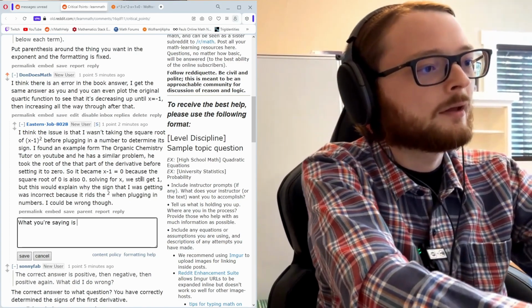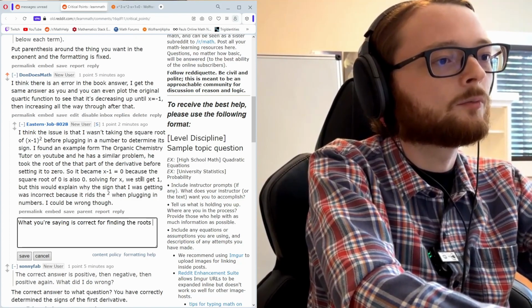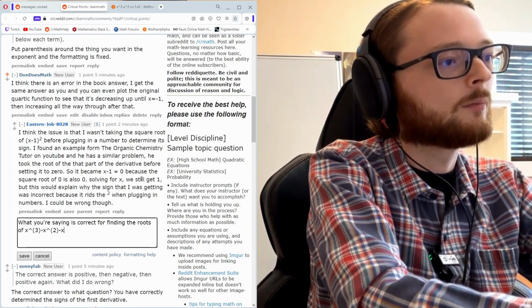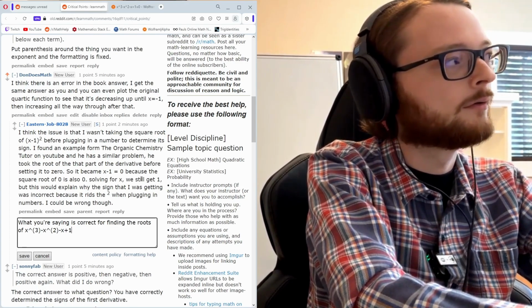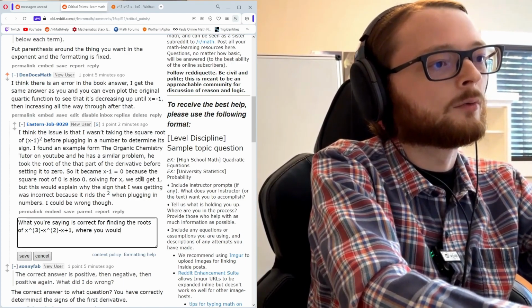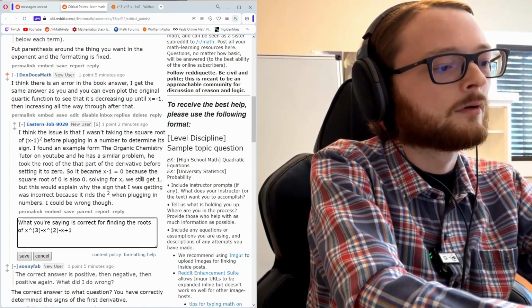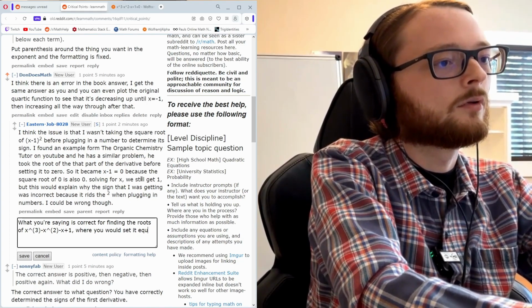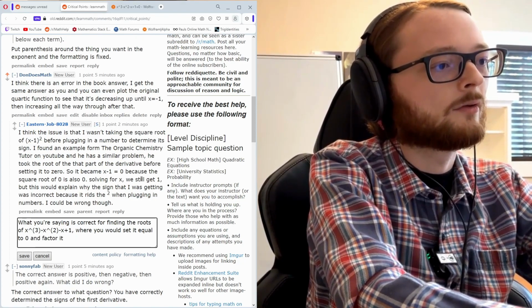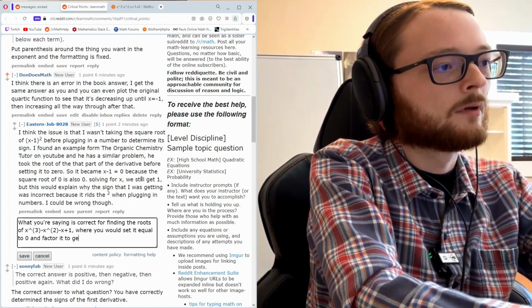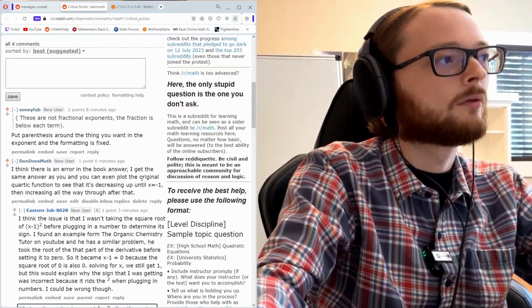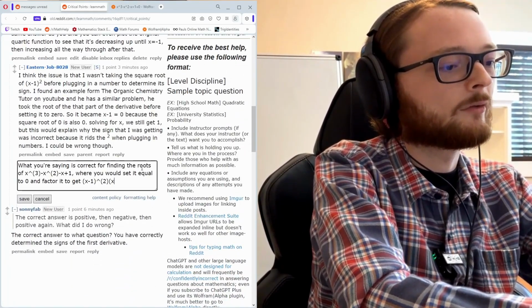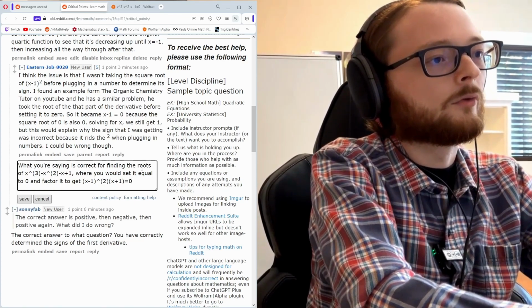What you're saying is correct for finding the roots of x cubed minus x squared minus x plus 1, where you would set it equal to 0 and factor it to get (x minus 1) squared times (x plus 1) equal 0.